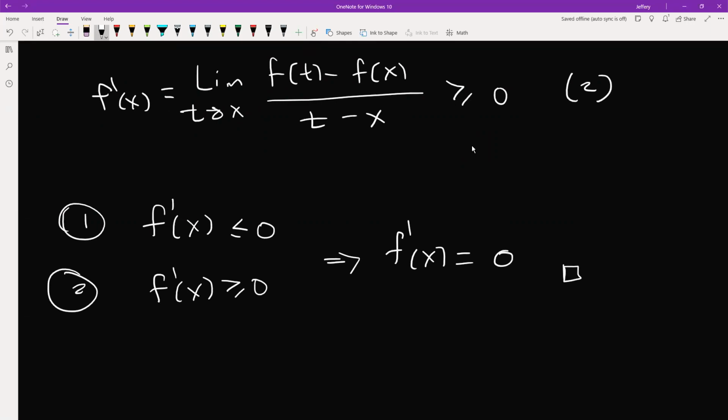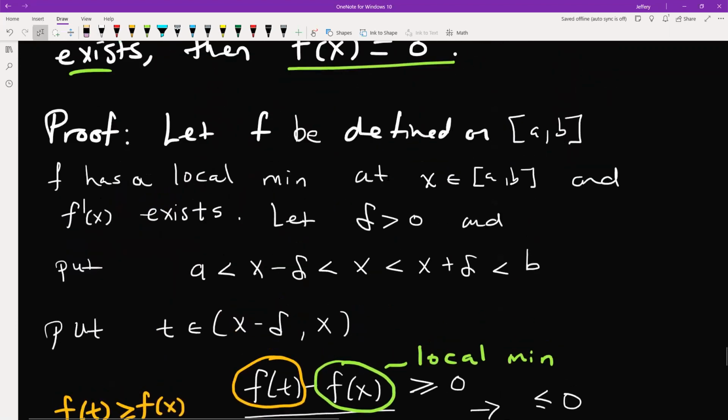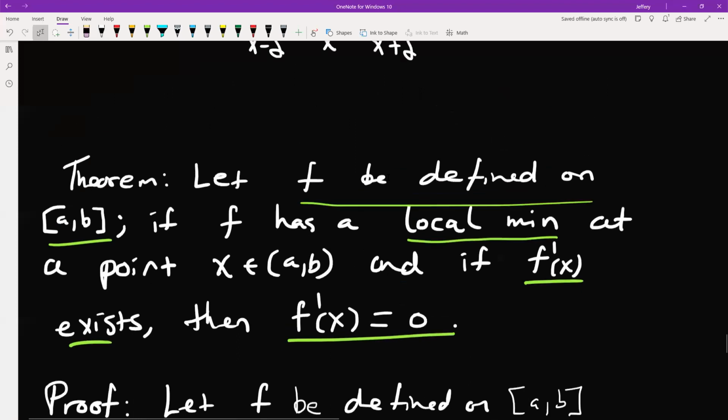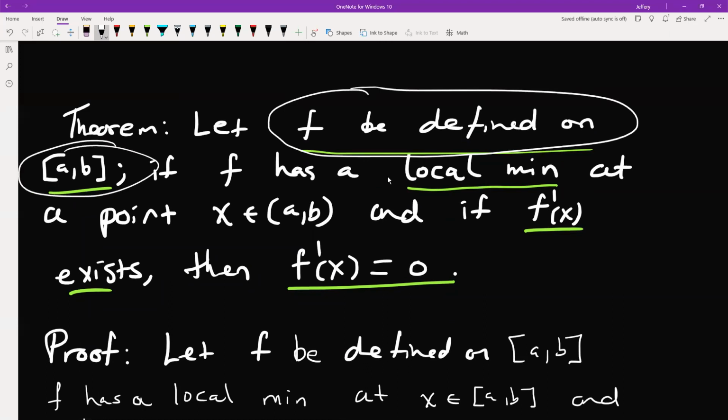So if we have the condition that f is defined on the closed interval from a to b, and I'm just going to assume it's a real valued function, okay, how about that? Real valued, although I didn't write it down to begin with.